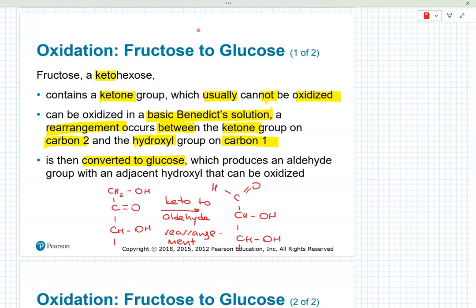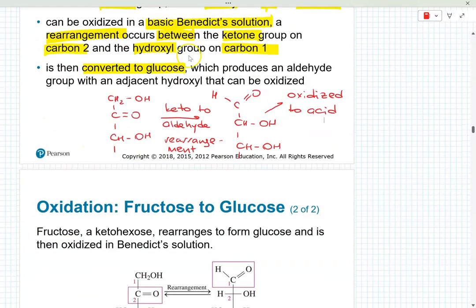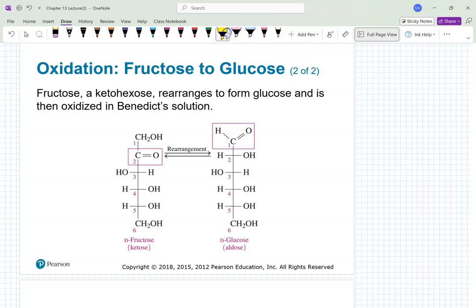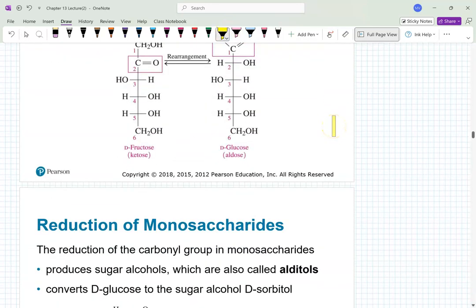Aldehyde group can be oxidized to acid. Making sense so far? Cool. So this is what we just saw, what I just demonstrated to you. So I have a rearrangement of the keto group to the aldehyde. So you go from fructose, which is the ketose, to glucose, which is an aldose.